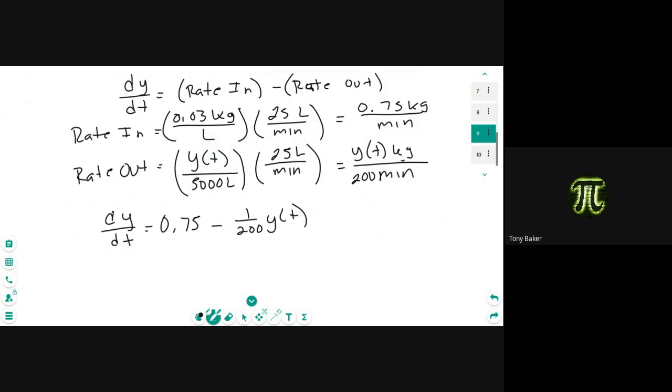Yeah, that's my rate in minus my rate out. So we can clean this up a little bit. We can put this together so it's one equation because we're going to need to do that. It's 150 minus y of t over 200.